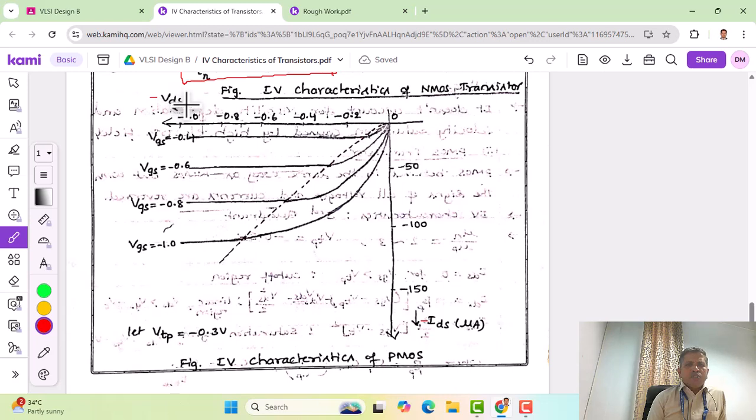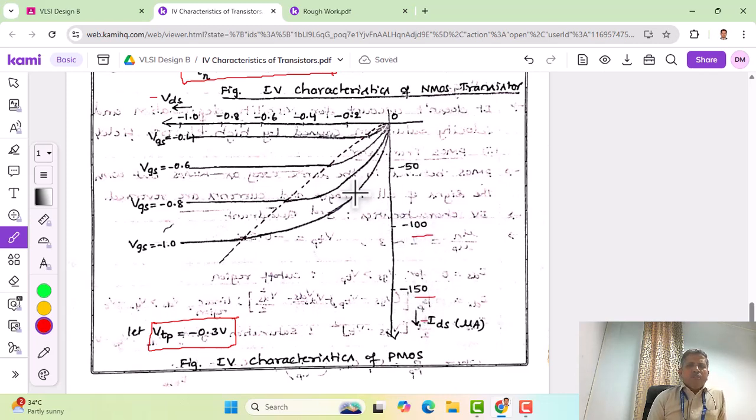The drain to source voltage is varied in terms of minus 0.2, minus 0.4, minus 0.6, minus 0.8, and roughly minus 1.0. The threshold voltage chosen here is minus 0.3, which we call VTP equals minus 0.3, and the drain to source current is taken as minus 50 microampere, minus 100 and minus 150 microampere.